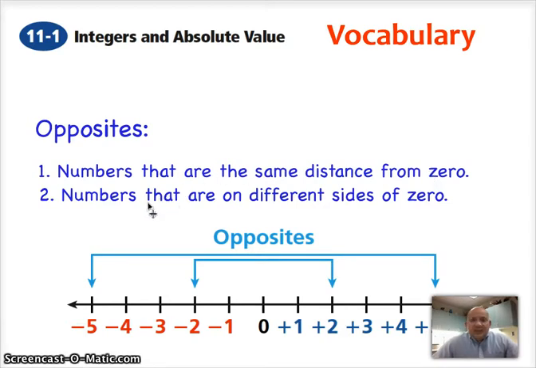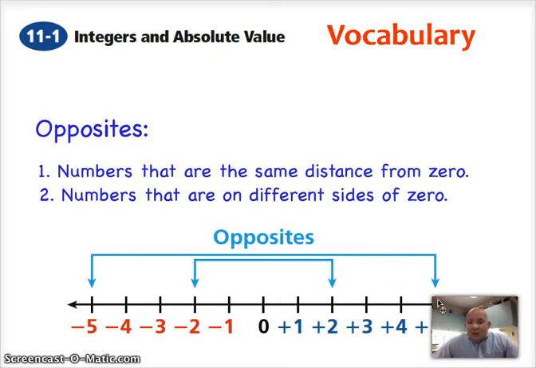Secondly, they're numbers that are on different sides of 0. So the opposite of a positive 2, or just a plain 2, is a negative 2. They are both the same distance away from 0. Here, negative 2 is 2 units away from 0. Here, positive 2 is 2 units away from 0.